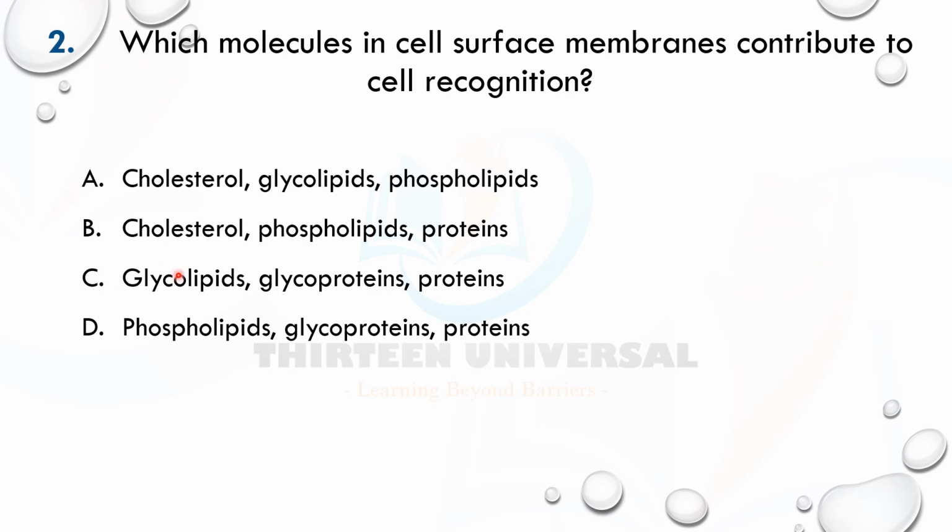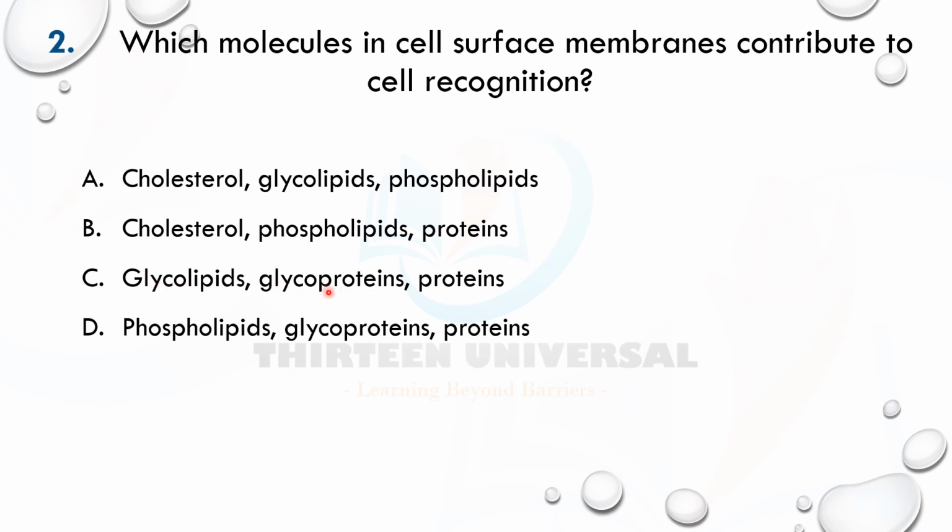So this is C. C says glycolipids, which can act as a marker, a tag, a label, an antigen. The same with glycoprotein, the same with protein. So all three of them are involved in cell recognition. Glycolipid: cell recognition, cell adhesion.